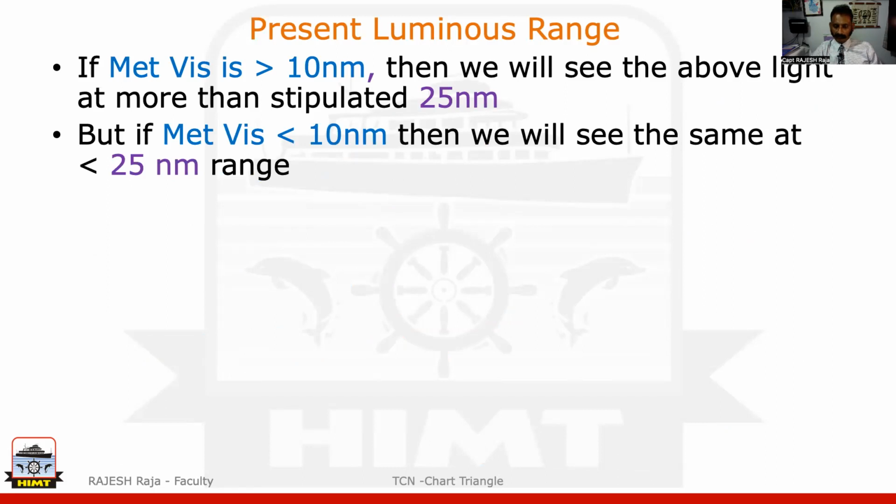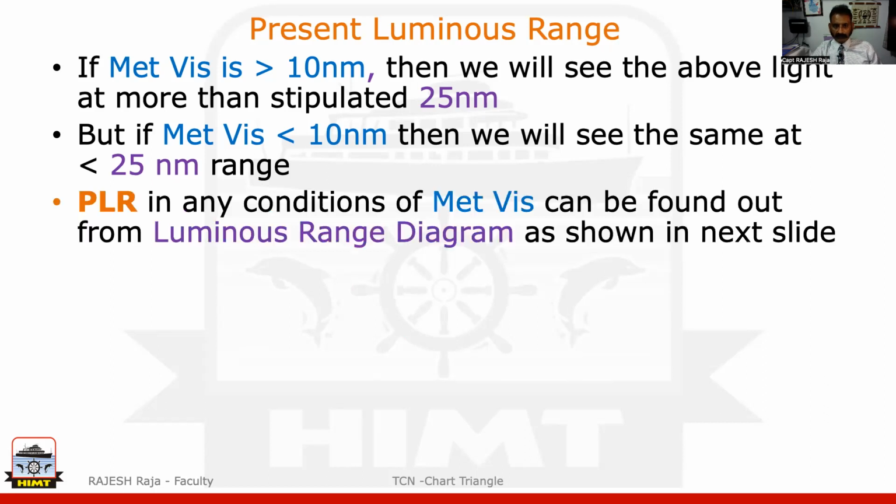If the met visibility today is less than 10 miles, then I will not be able to see it at a range of 25 nautical miles. So this PLR, the luminous range in any condition of visibility, which need not be 10, can be found out by a diagram called the luminous range diagram.